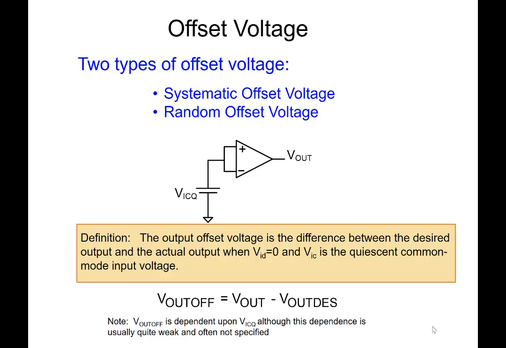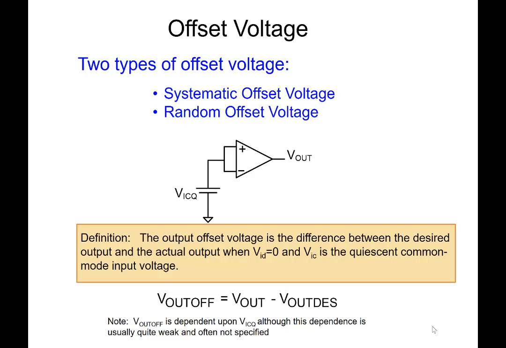Let's talk a little bit about offset voltage. There are two types of offset voltage: systematic offset voltage and random offset voltage. And by definition, the offset voltage is the difference between the desired output and the actual output when V in D equals 0 and V in common is at the quiescent common mode input. So if I connect the inputs together, put the input at the common mode input, then the output offset is the difference between what I want and what I get.